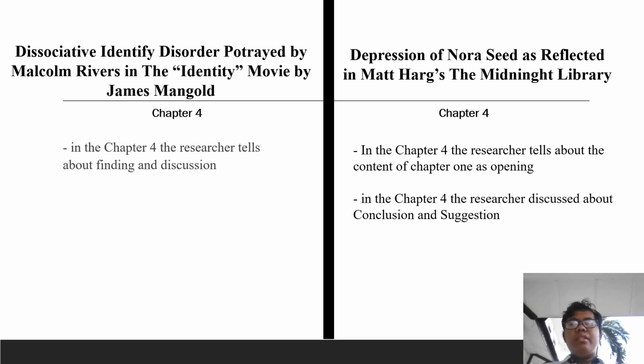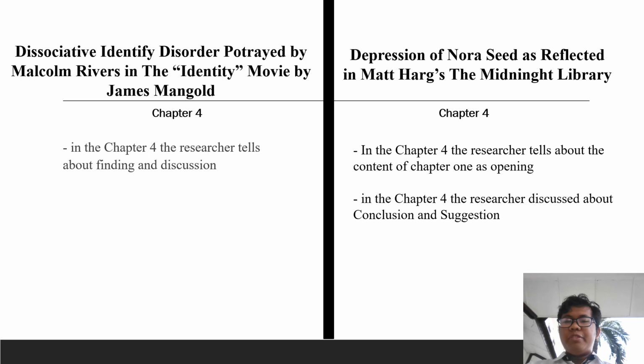Next, in chapter four of thesis one, the researcher tells about findings and discussion. And then in the other thesis, in chapter four, the researcher tells about the content of chapter one as an opening.